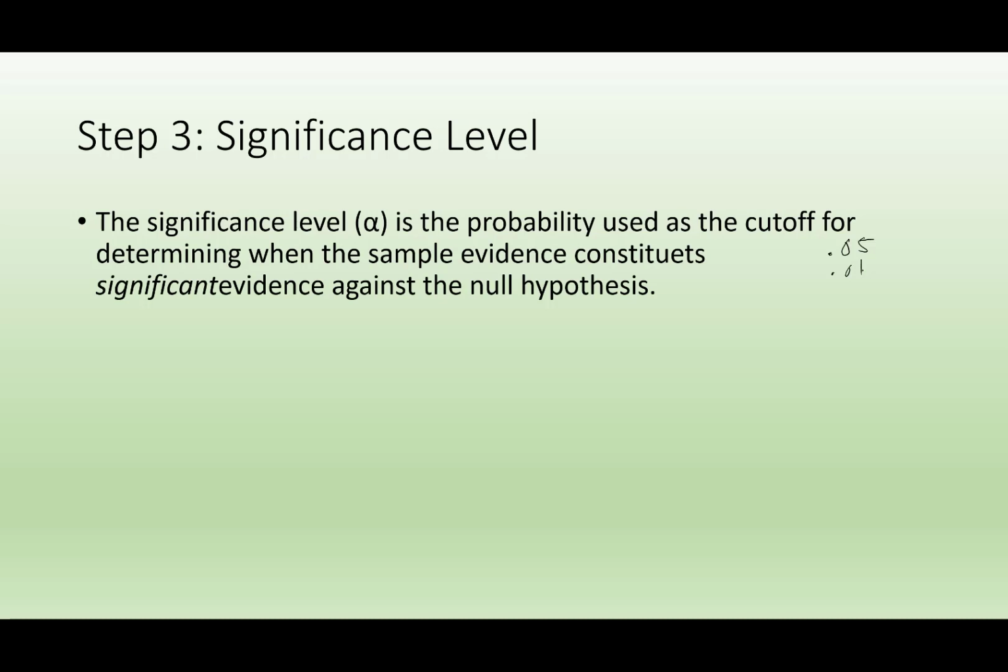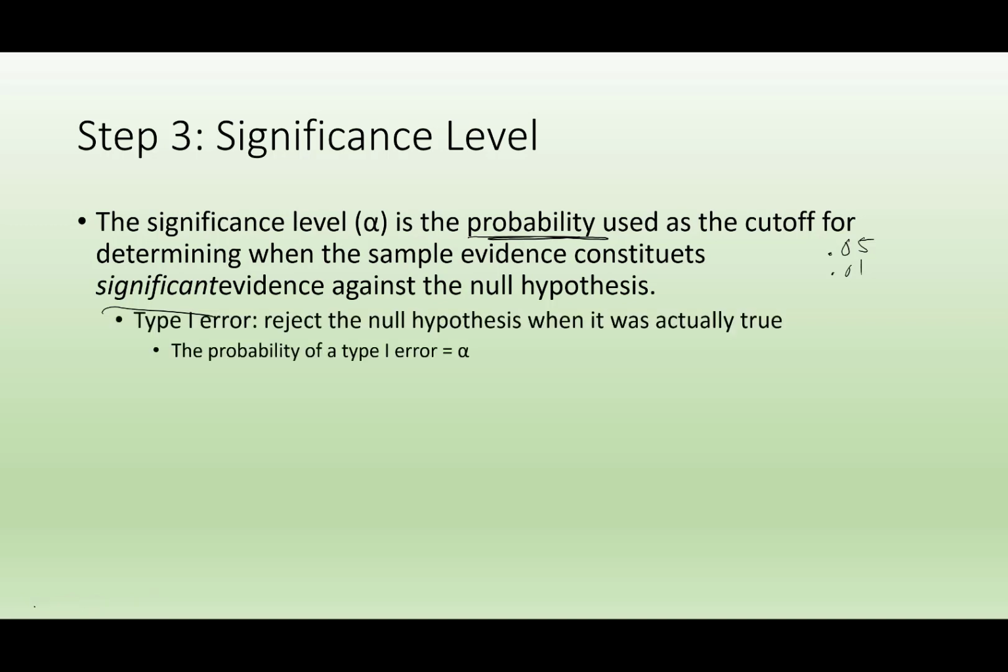Now, with significance level, though, because it's a probability that allows us to determine whether we have significant evidence or not, there is the potential of getting an incorrect result. So we have what's known as a type 1 error. That is when we go through the hypothesis test and it tells us to reject the null hypothesis.